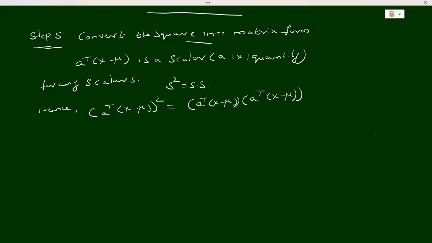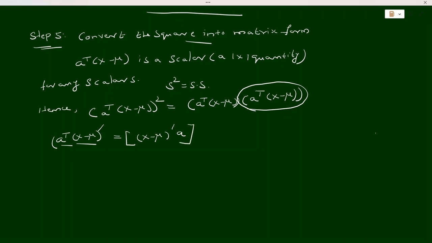Now we are going to use transpose on this part. If we use transpose, that is a transpose (x minus mu), consider this as a single variable and this as another variable. Therefore, we can write it as (x minus mu) dash and a.